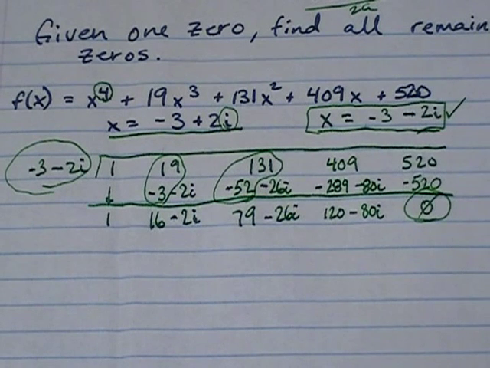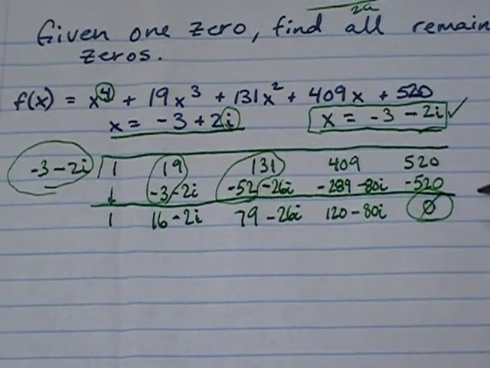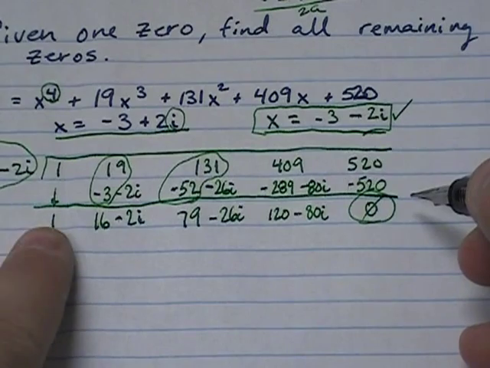Now, here's the thing you got to remember, folks. What you actually have at this moment is a new polynomial. And that new polynomial is going to look something like this. I'm just going to scratch this over to the side in red using these coefficients.